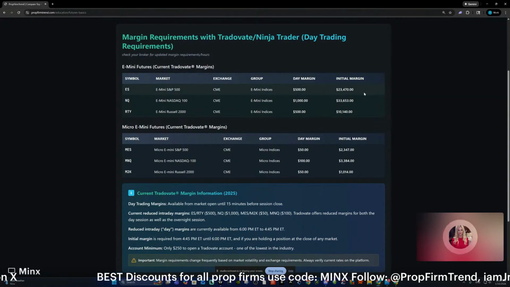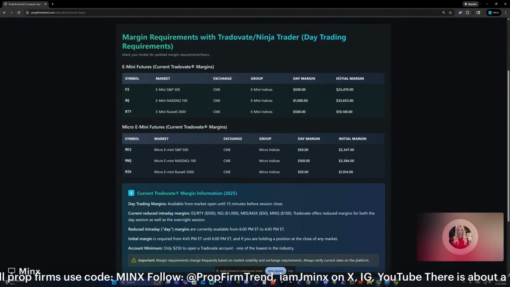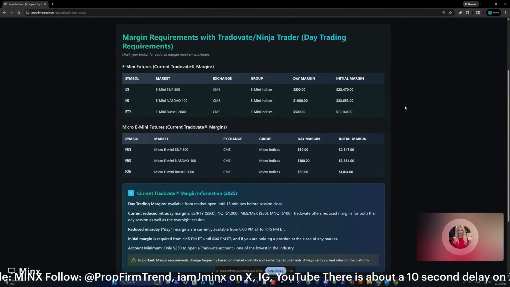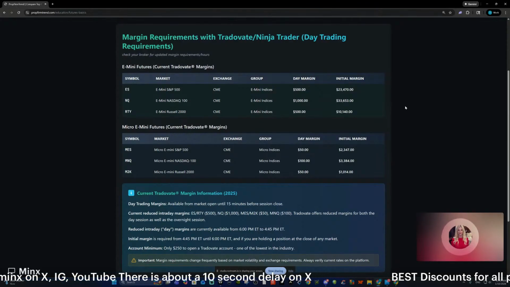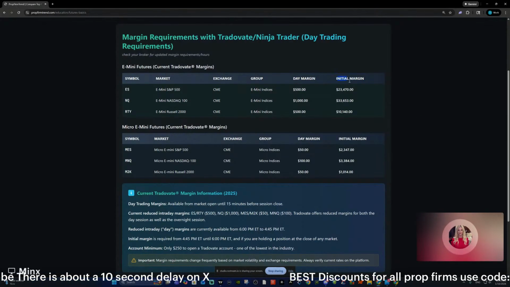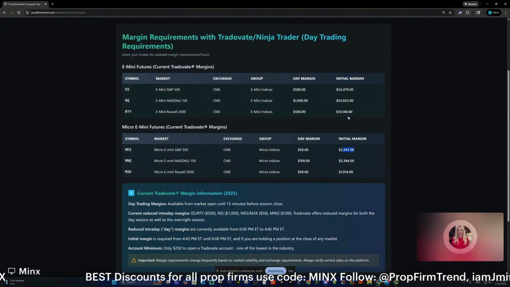There's two ways that you can do it. One is if you are wanting to swing over the weekend or something, you can utilize a prop firm that has swing trading, which is Phidias, or if you're trading with your own account, you can do micros. But this is what you would need in your account to trade that.